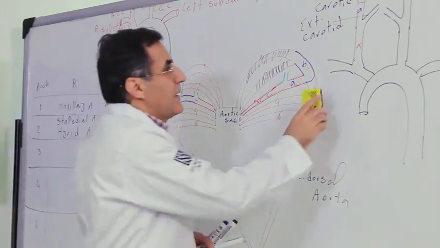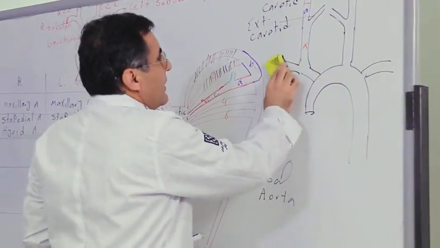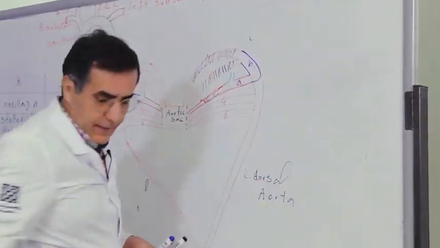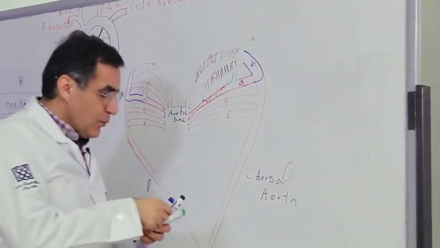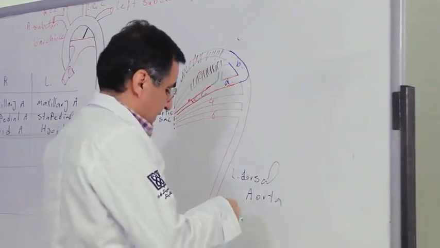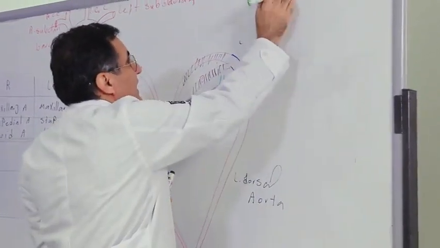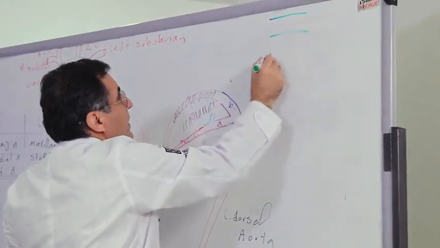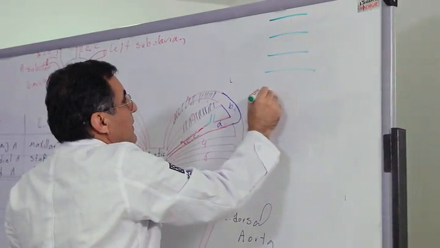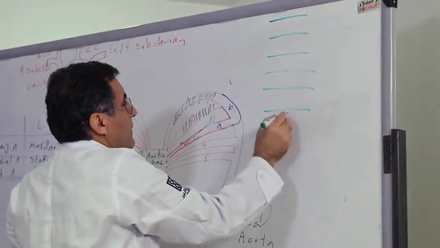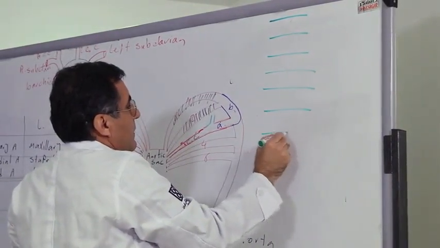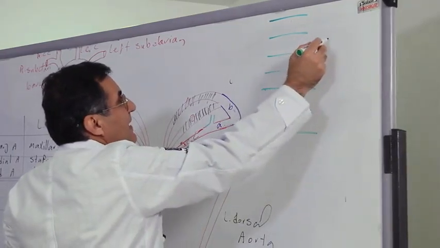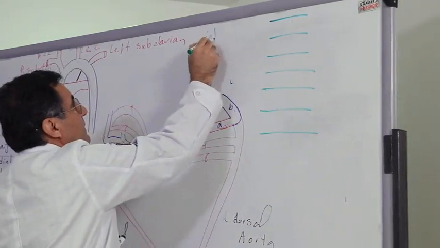What that means, if you imagine the embryo in the future neck, you can see that we have some intersegmental arteries. This is an intersegmental artery.